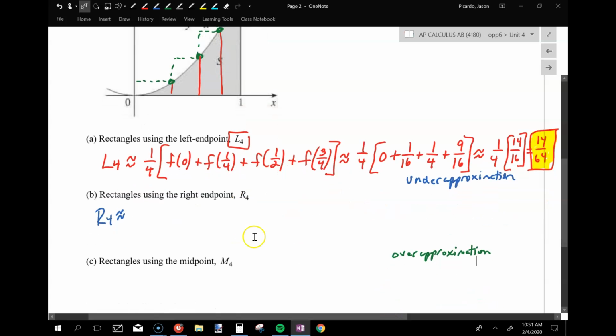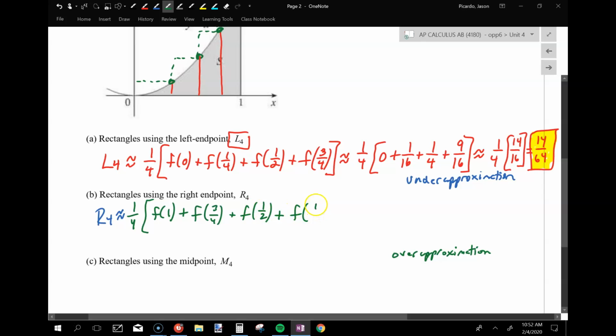Okay, so what is it going to be? It's going to be a quarter of, I'm starting on the right-hand side, working my way left. So where do I begin? At F of 1, right? And then I'm going to go back a quarter, so I'm going to add F of 3/4.